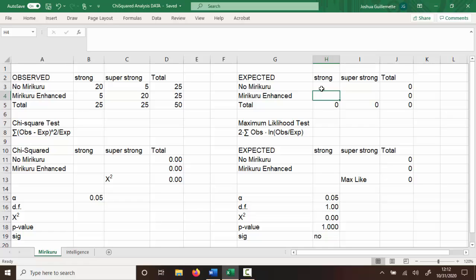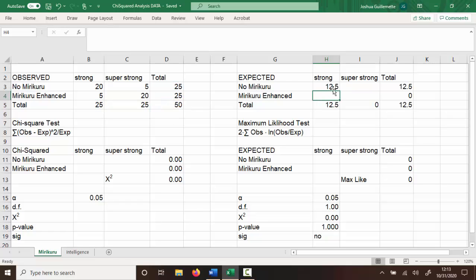All right. So over here, we would expect, the equal sign indicates that we're getting ready to do a calculation: for no Mirakuru, what proportion of the total did not take Mirakuru, times the total number of people who ended up being strong.